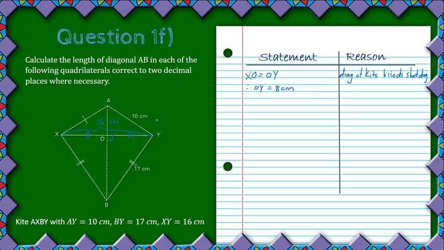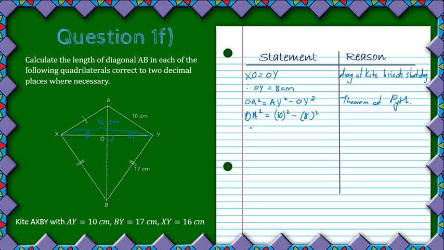Now let's move on to the smaller triangle first. Using Theorem of Pythagoras, we need to find one of the shorter sides. So OA squared is equal to my long side, AY squared, minus my other short side, OY squared. Substituting in my known values, OA squared is equal to AY, which is 10 squared, minus OY, which we saw was 8 squared.